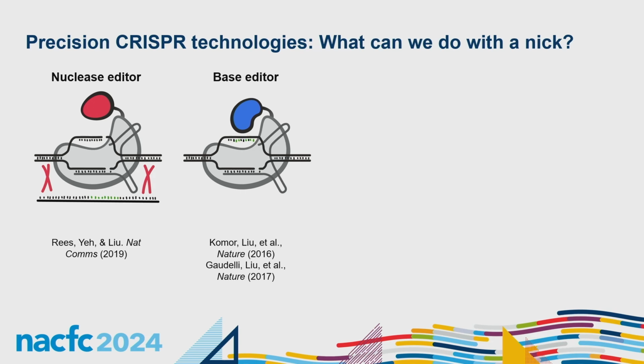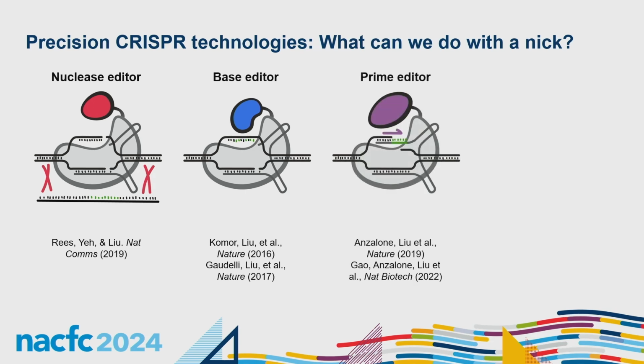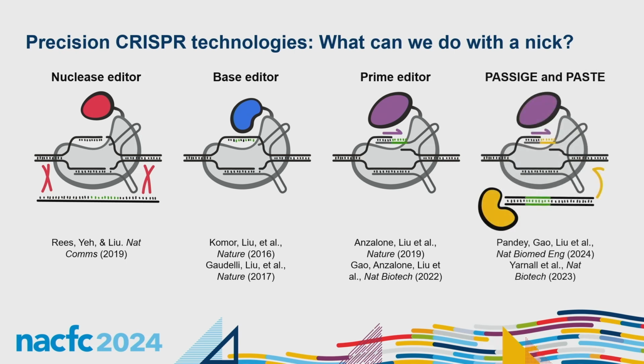What else could you do with a nick? You could fuse your Cas9 nickase to a reverse transcriptase and use it in conjunction with a guide RNA that encodes a specified edit that you want to install in a particular location. That's a prime editor, and that's the focus of this talk. There are also some newer technologies described in recent years that pair prime editors with recombinase enzymes to enable precise whole gene integration in living cells at specified locations.